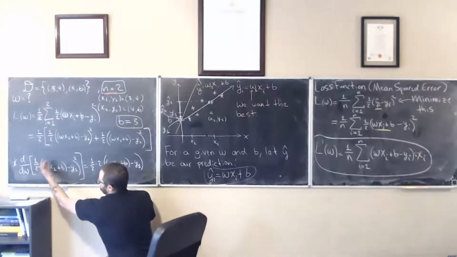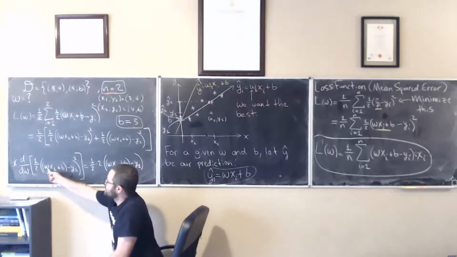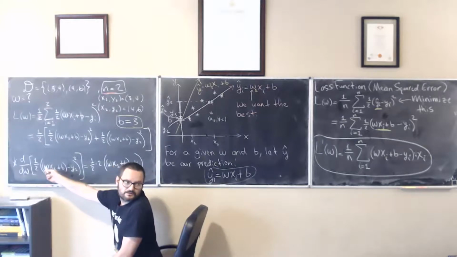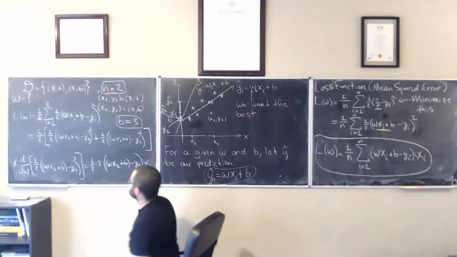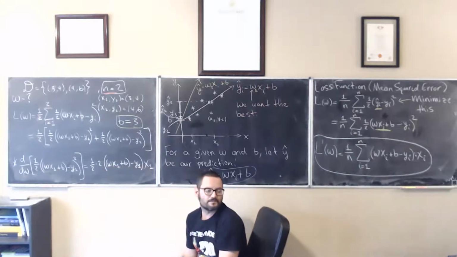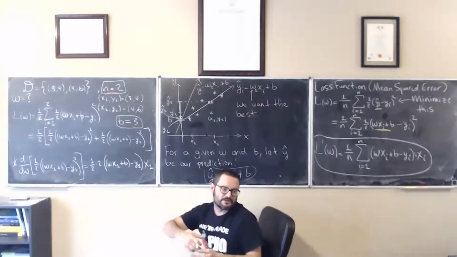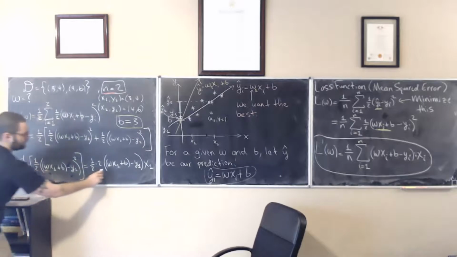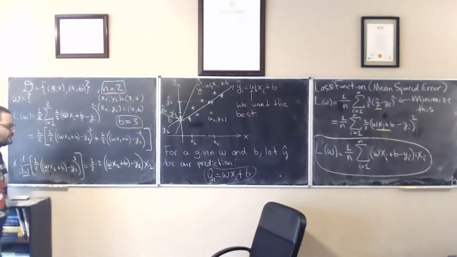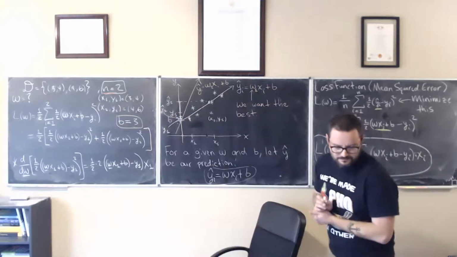And then what's the derivative of the inside of the square? It's just the derivative of x1 and W, which is just x1, right? It's the chain rule. Derivative of the outside times the derivative of the inside. And your variable is W. That's your only variable. Okay? Does that kind of clear that up?